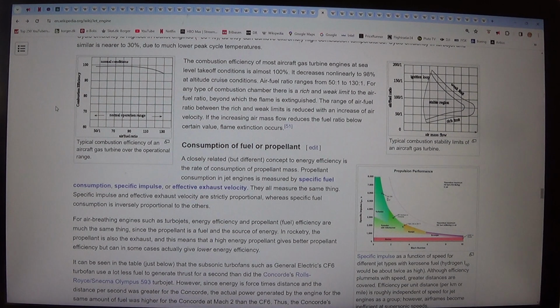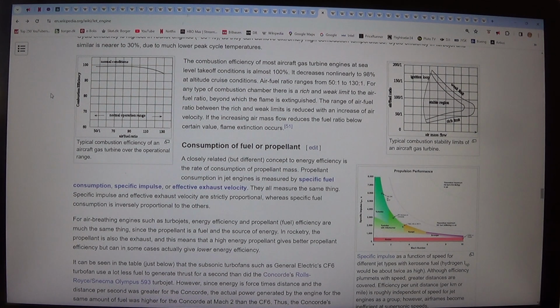Typical combustion efficiency of an aircraft gas turbine over the operational range: the combustion efficiency of most aircraft gas turbine engines at sea level takeoff conditions is almost 100%. It decreases non-linearly to 98% at altitude cruise conditions. Air-fuel ratio ranges from 51 to 131.